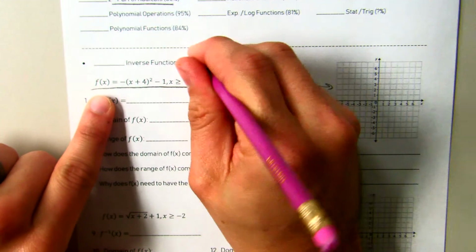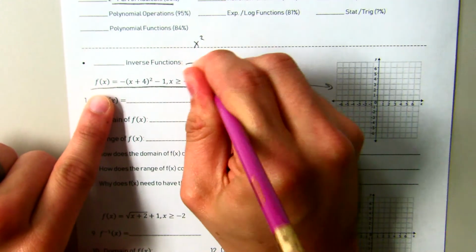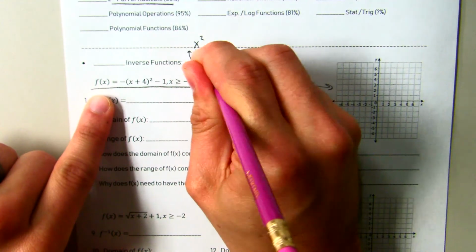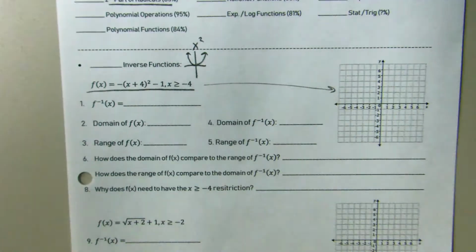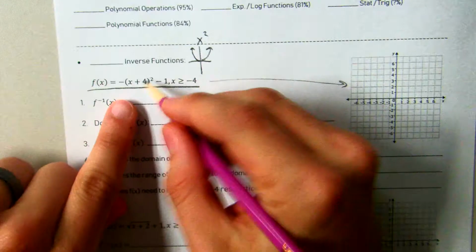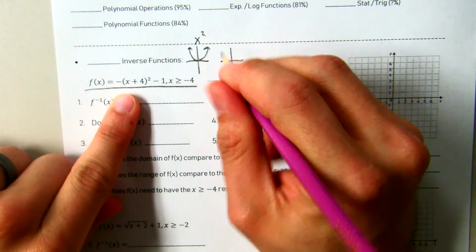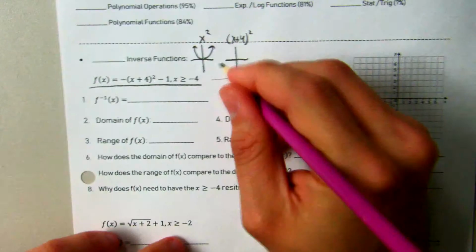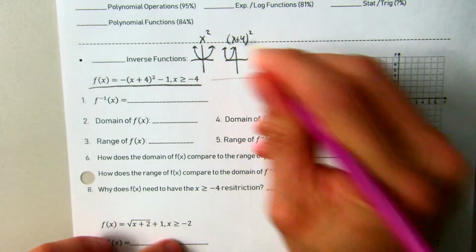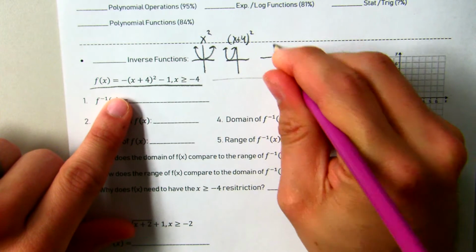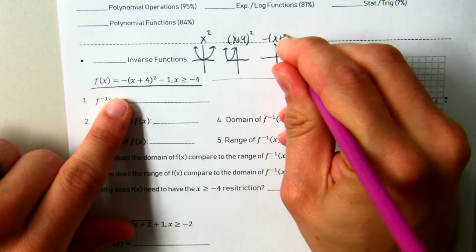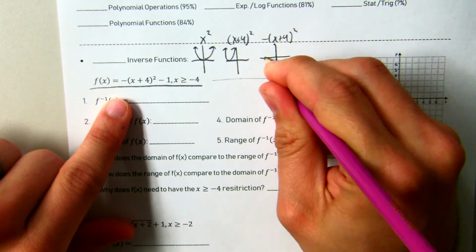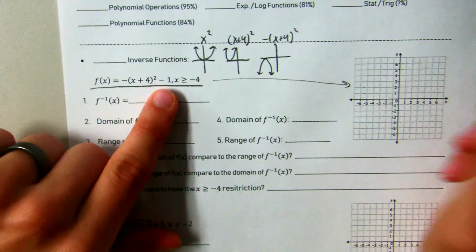Looking at this and seeing that its parent function is x squared. We had you memorize what x squared looks like, and we talked about the transformation rules. The plus 4 would shift it left 4. The negative out front would flip it over the x-axis.